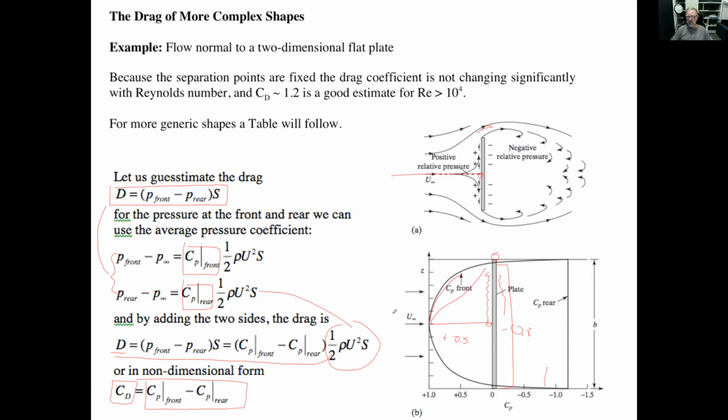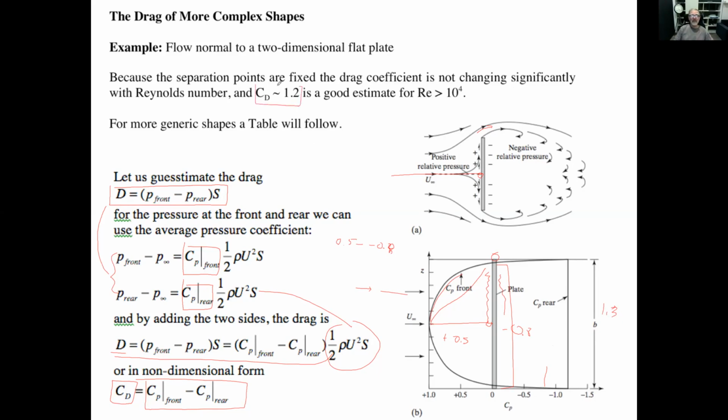The plus is pushing, and the minus is pulling here, so we have to have plus 0.5 minus minus 0.8. So it gives me like 1.3. Actually, the drag coefficient is 1.2. So I just tried to figure it out. So that is roughly the order of the drag coefficient, which I pointed out here.